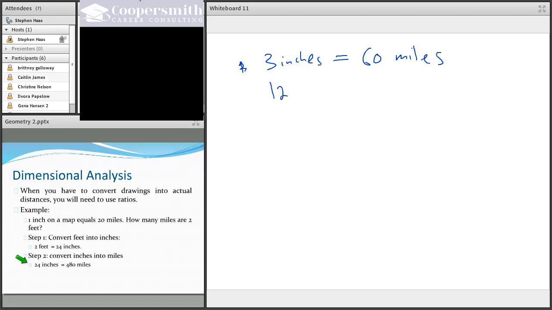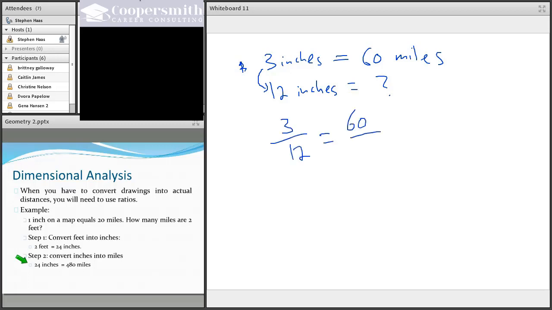You can figure out that 60 divided by 3 is 20 and then multiply 12 by 20. Or you can use a proportion. A proportion is simply a fraction: 3 is to 12 as 60 is to x. Essentially, because they represent the same thing, they represent the same proportion.